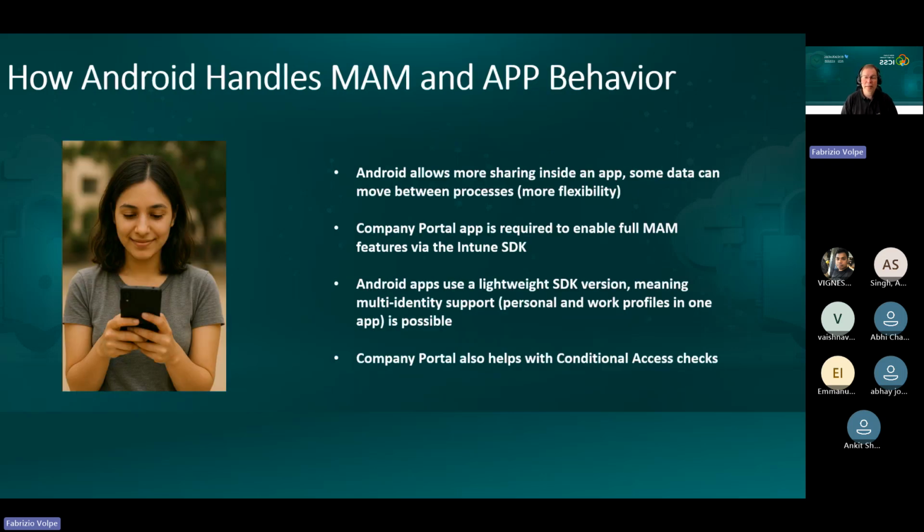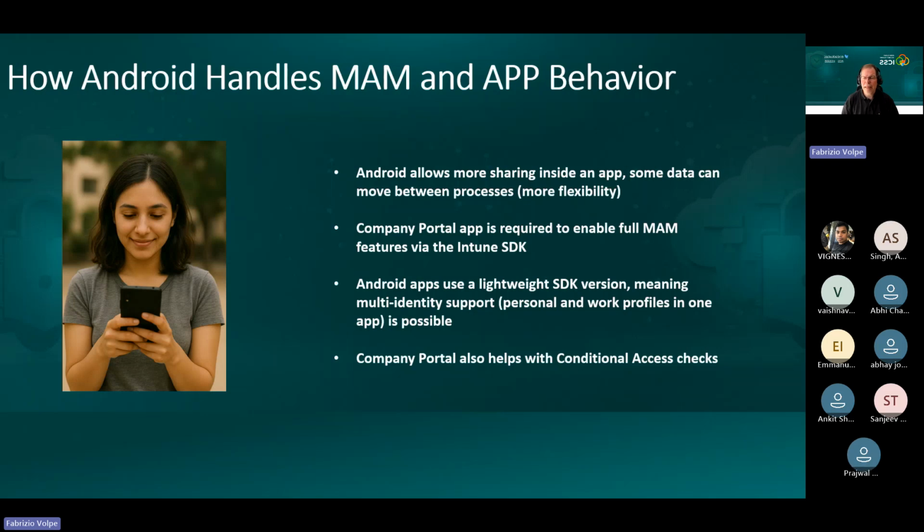On Android, things are different, as I said. In Android, actually, you can share inside an app. Information can be moved from one app, one process to the next one. So in this case, to have the full support for MAM, you need to install the Company Portal app, which is required to be able to use the MAM solution and the Intune SDK.